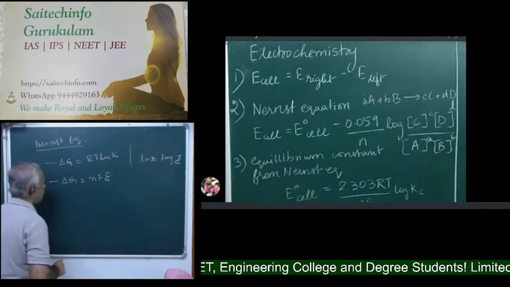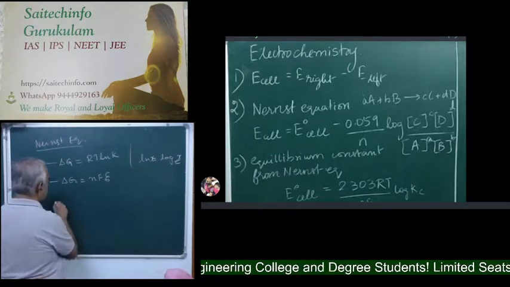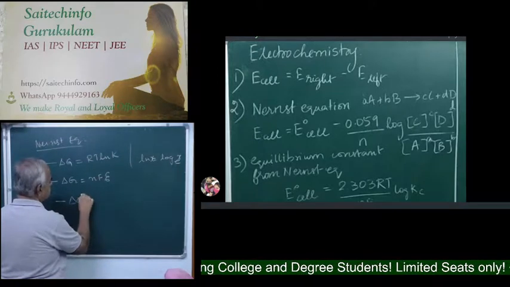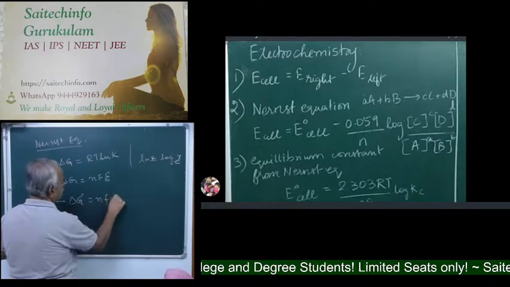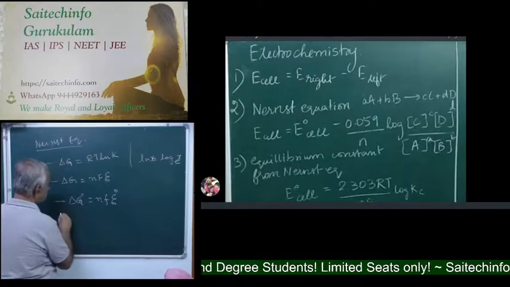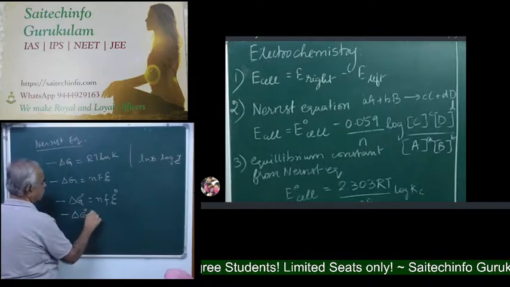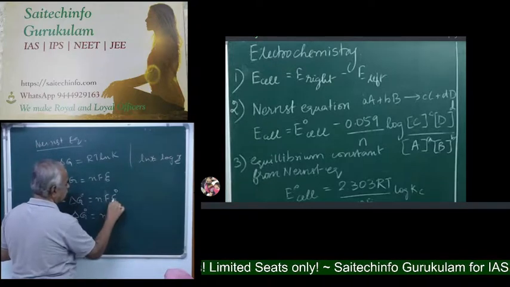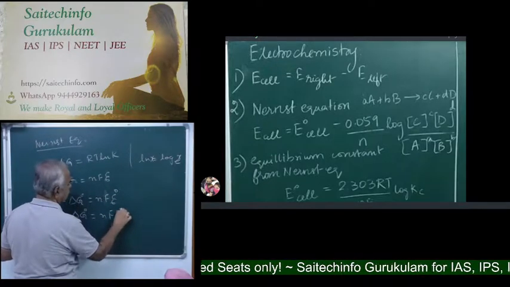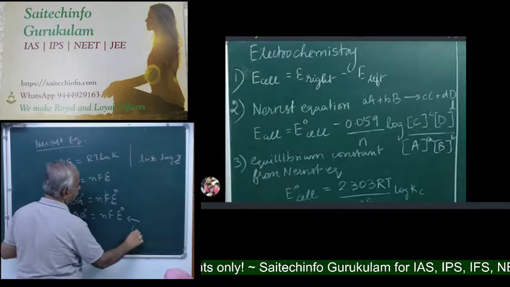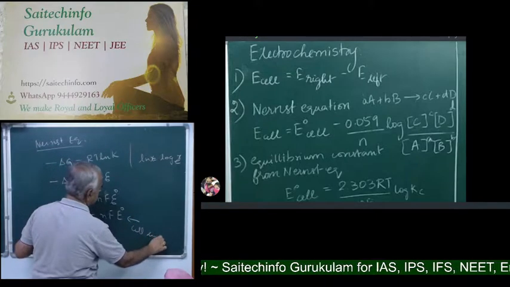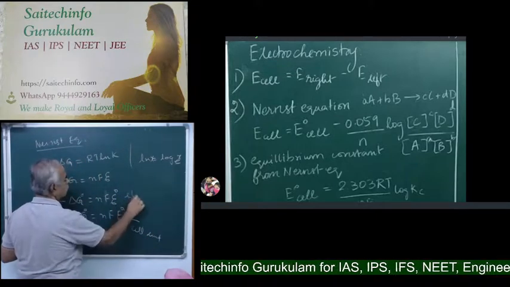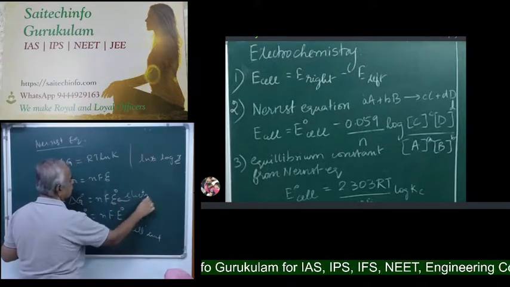Suppose if you want to have the standard state, then you can mention delta G naught equals NF E naught also. And for cell, delta G naught is equal to NF E naught. This is cell EMF at standard state. This is electrode potential. This one is electrode potential.